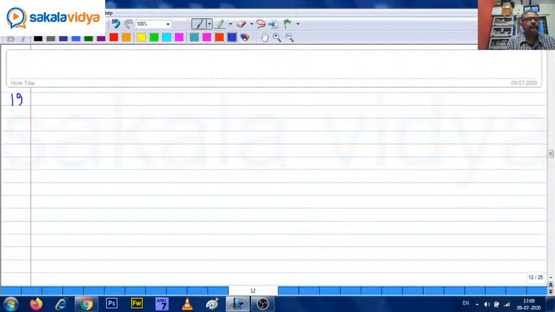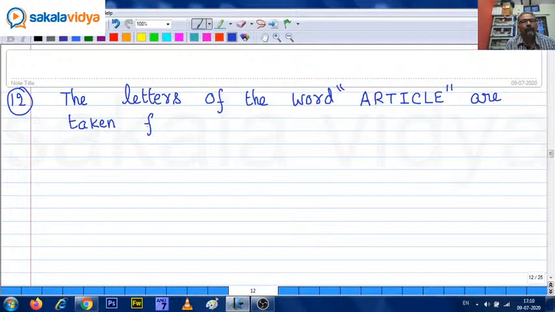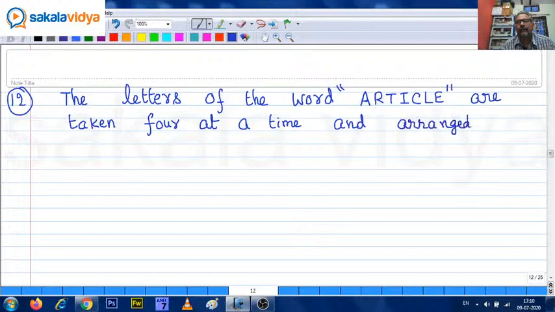So now the 12th one. The letters of the word article are taken 4 at a time out of the letters of the word and arranged in all possible ways.